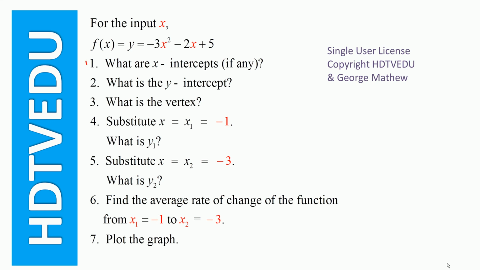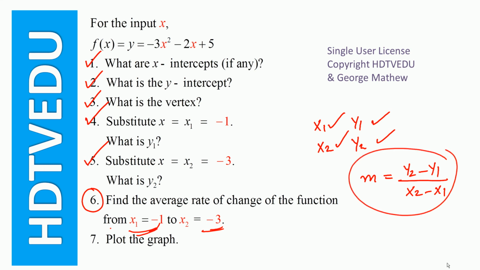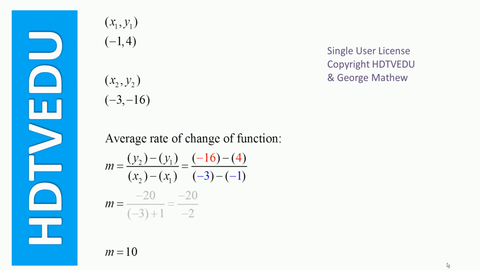So we are done with number 1, 2, 3, 4, 5. We have x1, y1, x2, y2. So what is the average rate of change of the function? It is y2 minus y1 over x2 minus x1. We already know what x1, y1 and x2, y2 are. So just substitute into m equals y2 minus y1 over x2 minus x1.